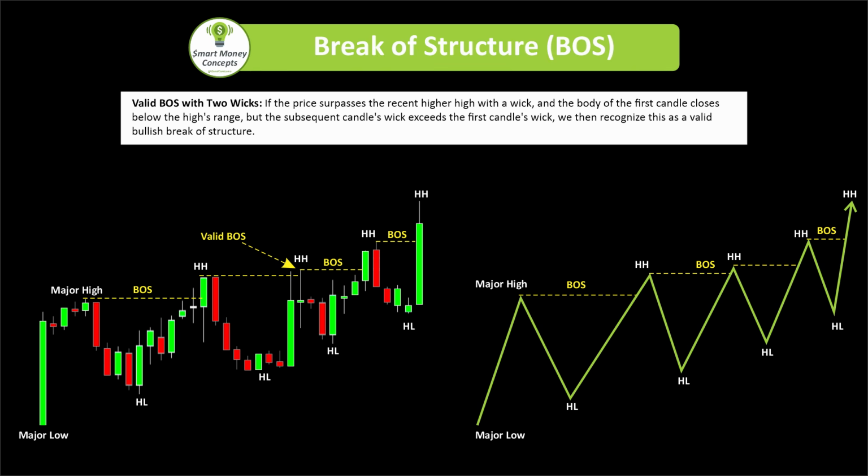The internal price action within this defined range is less significant, provided the price remains above our newly established major low, which signifies a bullish market. If the price later breaks this newly formed low downward, it then acts as a clear indicator of a trend reversal or a valid change of character.